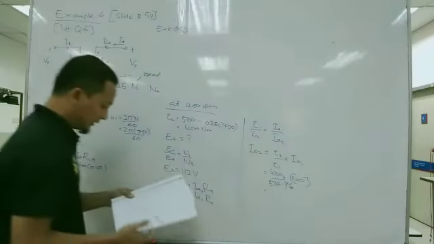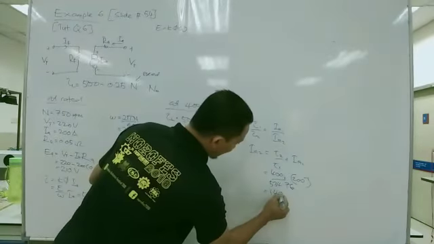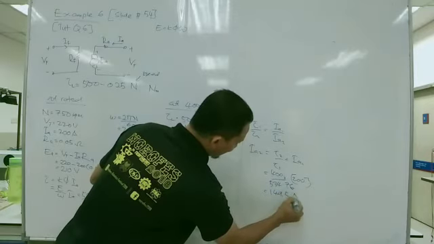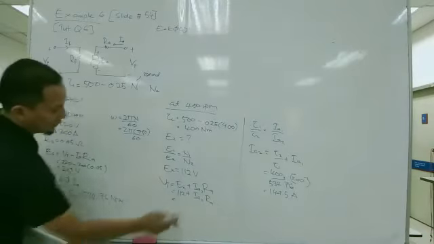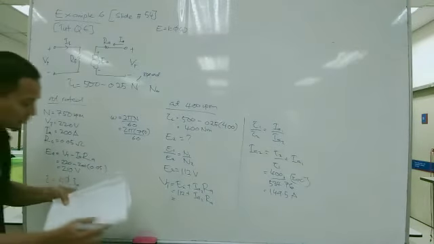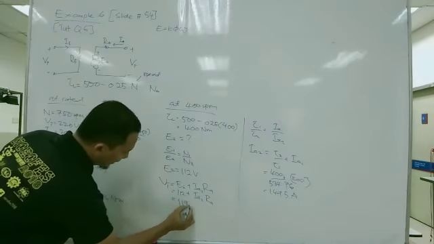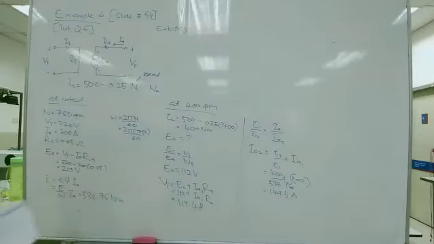The answer is 149.5 ampere. So you substitute this Ia2 in the equation, and you will get Vt2 equal to 119.48.